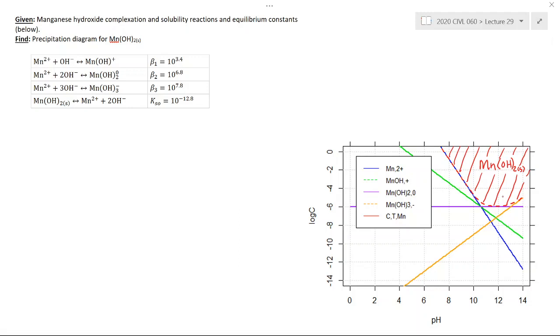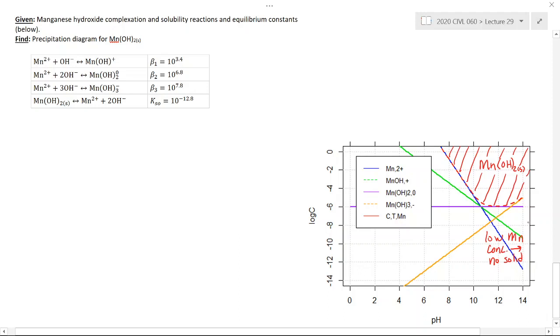There are a couple of different ways to think about this. Below this solubility or precipitation envelope, the reason manganese hydroxide is not forming is because the manganese dissolved concentration is too low. So down here, low Mn concentration, so you don't have a solid.